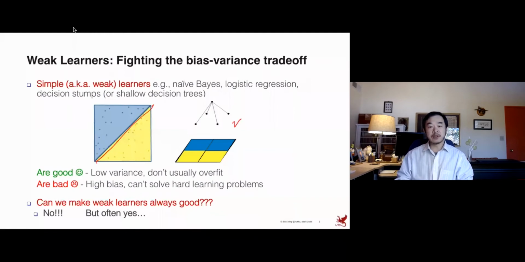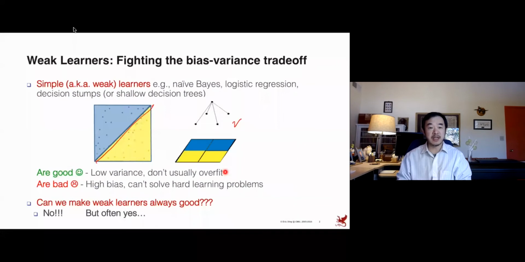And there are some virtues of these weak learners, as I indicated here. Usually, because of their weakness, they are known to be low variance. What does that mean? Basically, they are not easy to overfit to data. They tend to fit the larger trends, but not every example.